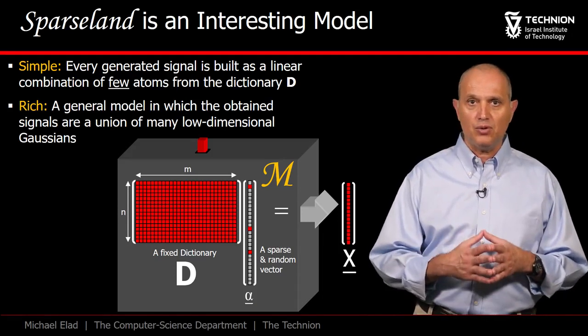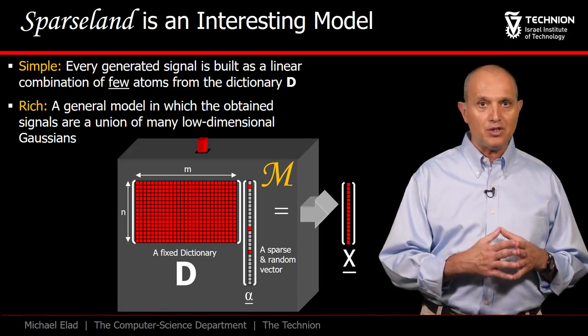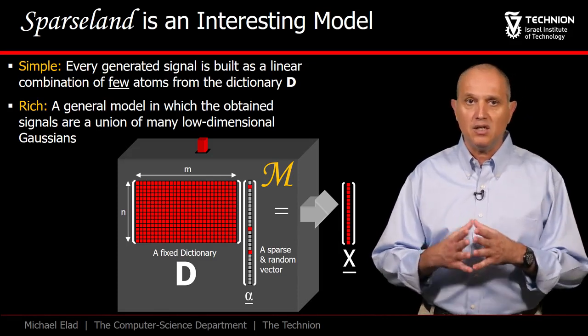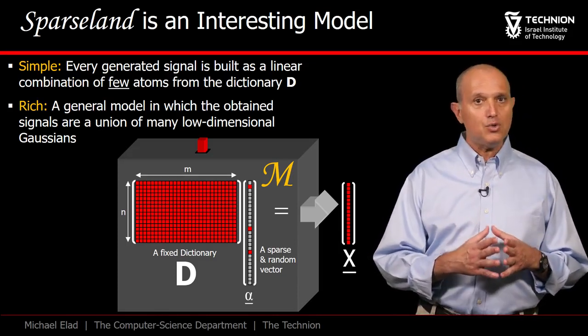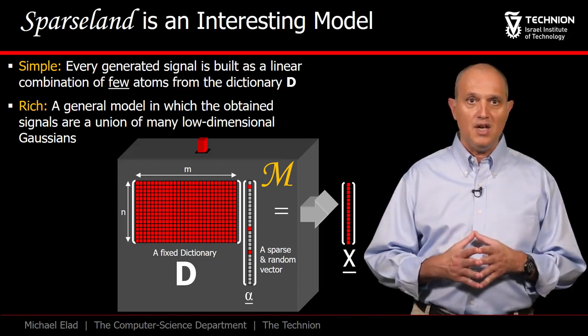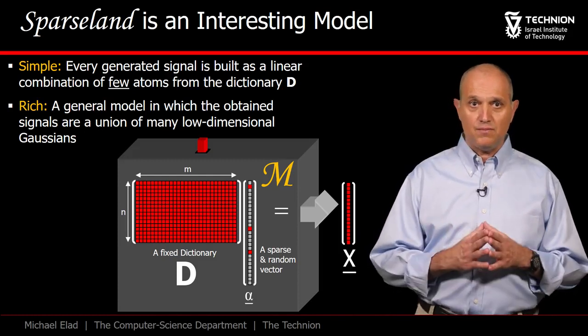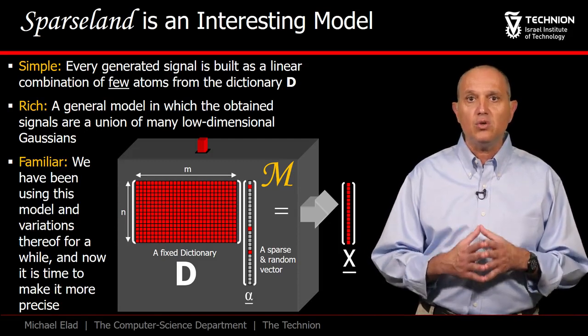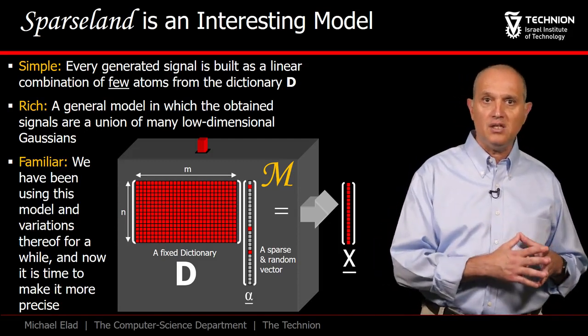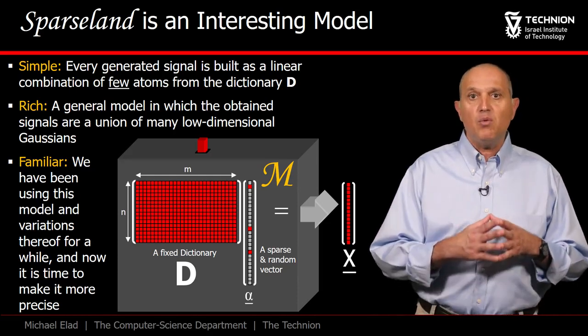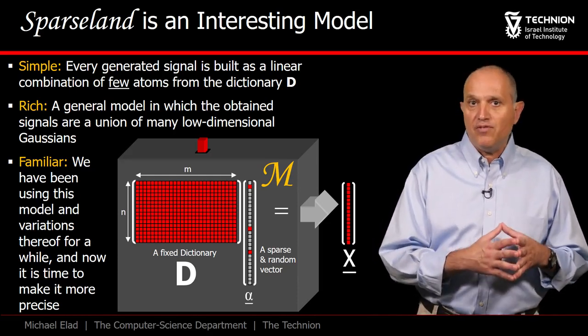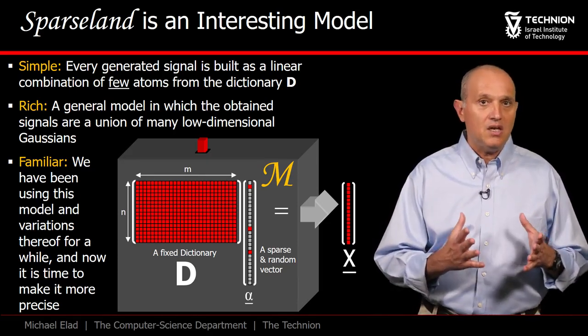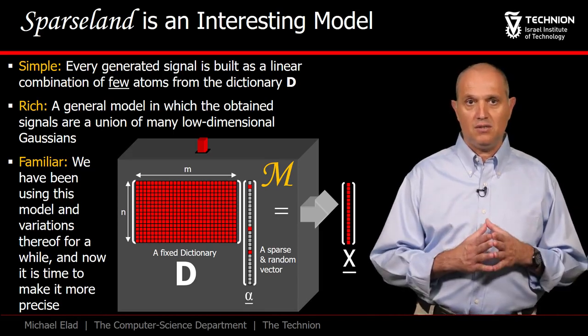Every possible support implies a specific low-dimensional Gaussian that may explain our signals. We have m choose k0 such supports, and this number is huge. Finally, we are excited about this model because it is closely related to many modeling ideas that have been floating around. And with this model, they are now purified, made more precise, and even generalized.